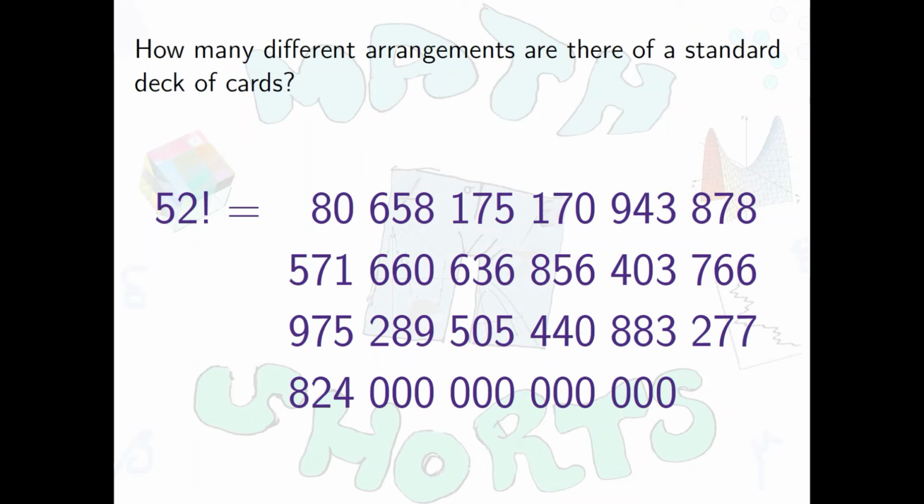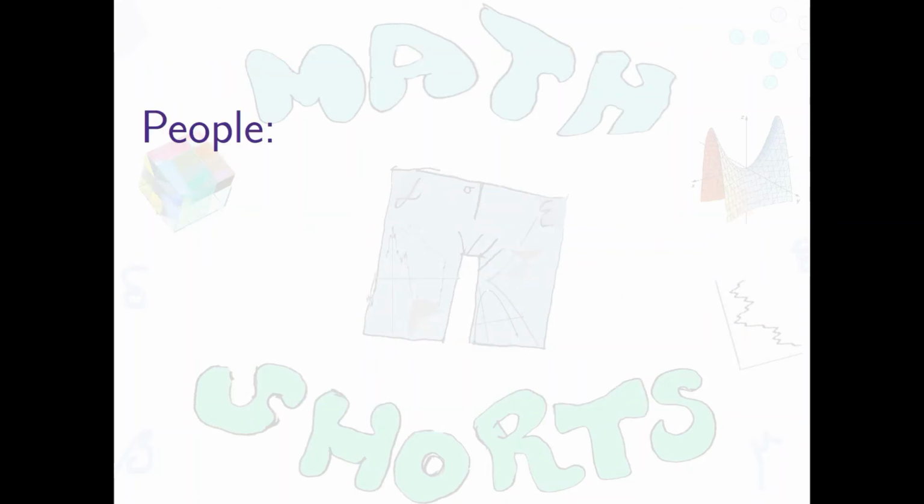So let's try to put that into some perspective. Let's imagine that every person in the world was given a deck of cards. And every second they are able to shuffle it into a new arrangement that has never been seen by any of the other people.